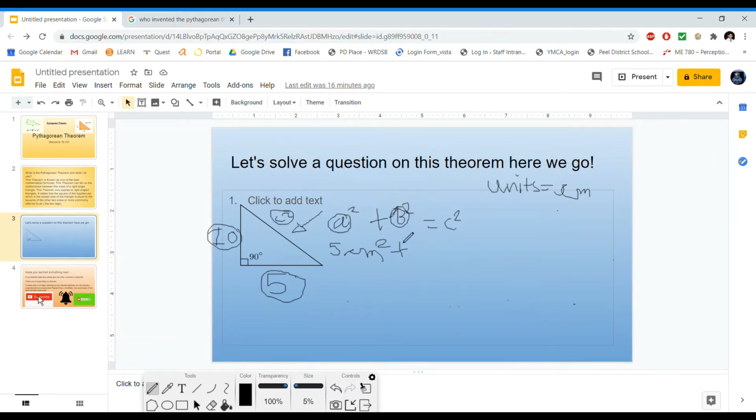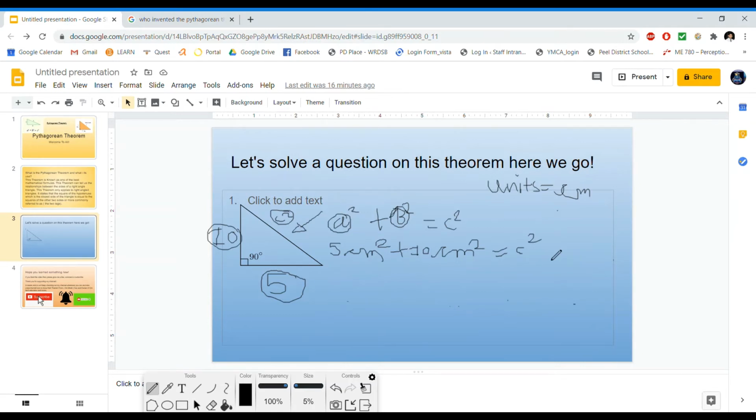You replace the b with the 10, so write 10 centimeters, and then the 2, which is a square sign. Then write equals c squared, which is the hypotenuse.